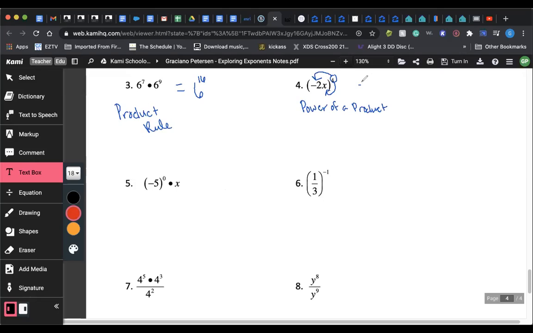So it's going to be -2 to the 4th power times x to the 4th power. What's -2 to the 4th power? It's -2 times -2 times -2 times -2, which gives me 16. So the answer is 16x to the 4th.